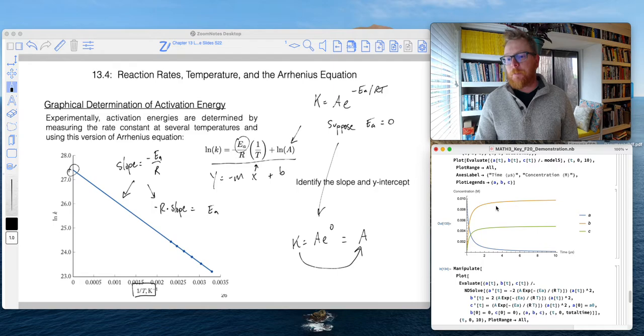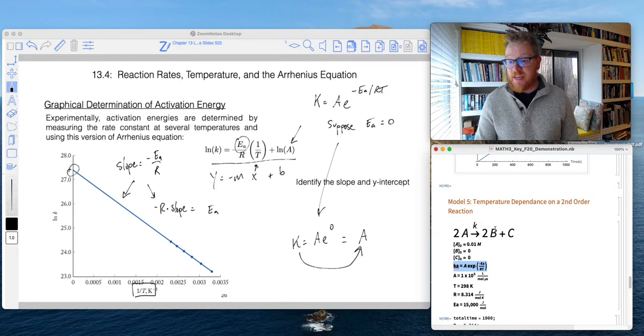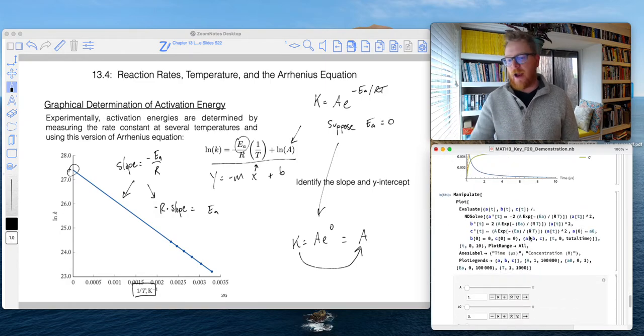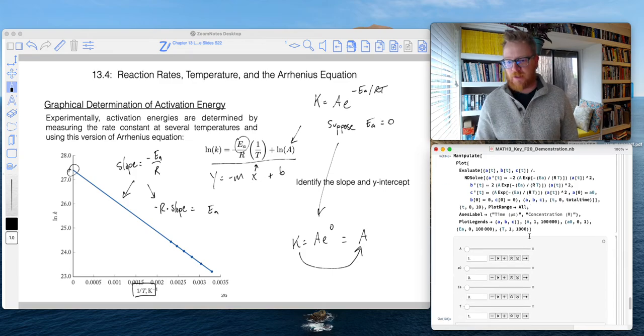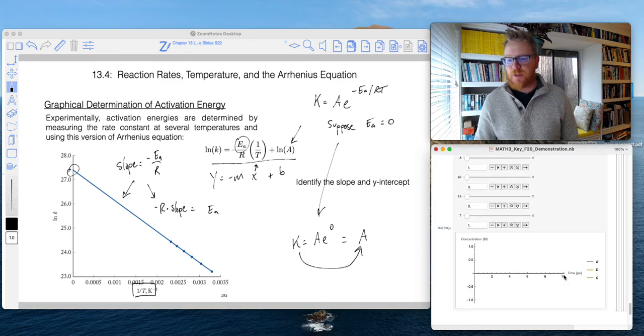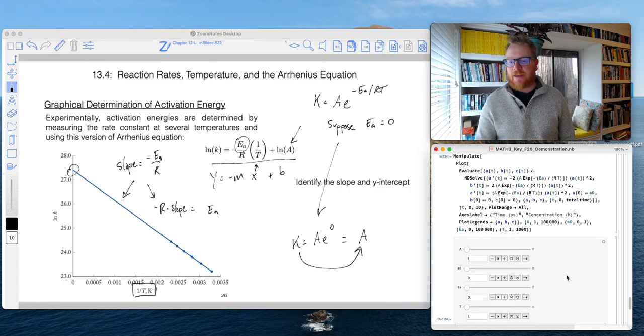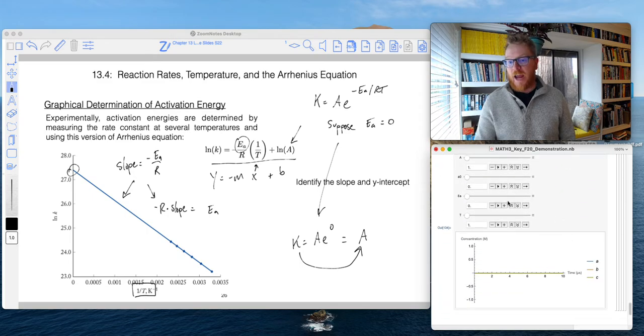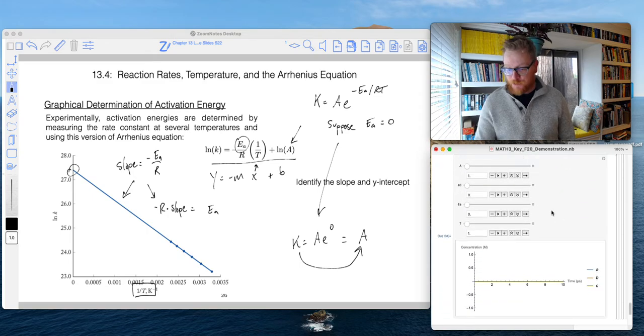Of course, B is produced at twice the amount of C because of the stoichiometry, right? What's really cool about this program, and I know there are a lot of gross looking programming languages in here, is that we can do this thing called Manipulate, where I can look at how this concentration versus time profile changes when I change these input parameters.